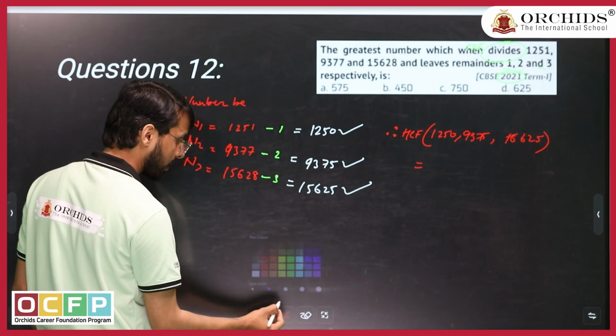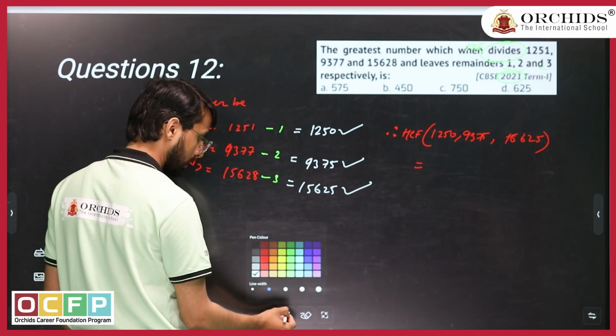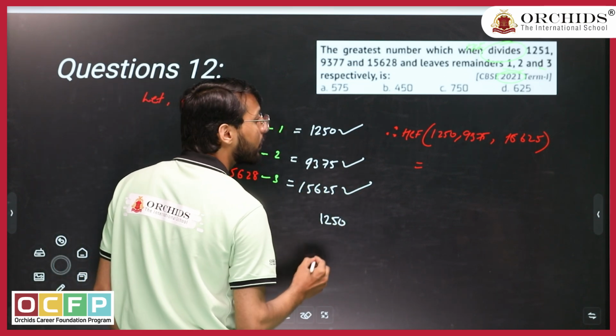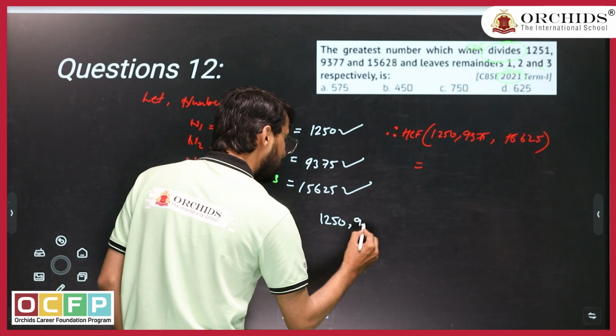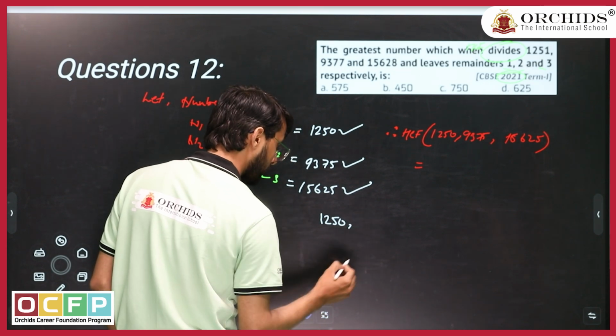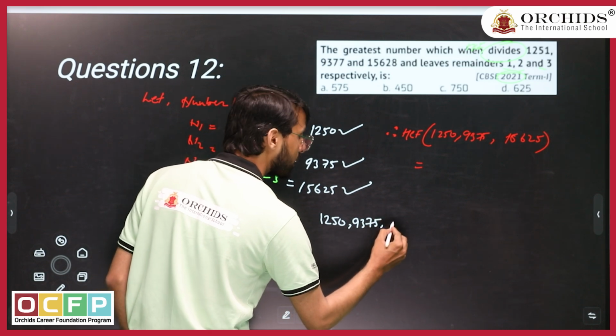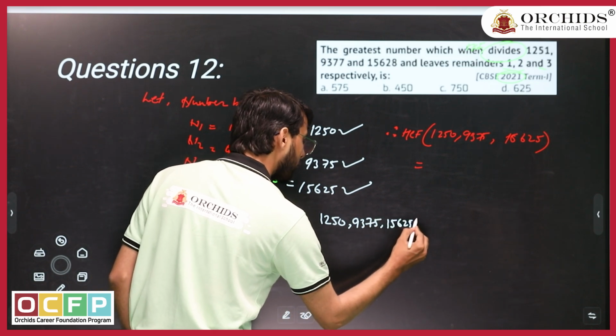How are we going to find the HCF? With the common method, the old lower-grade method. 1250, next is 9375, and the last one is 15625.